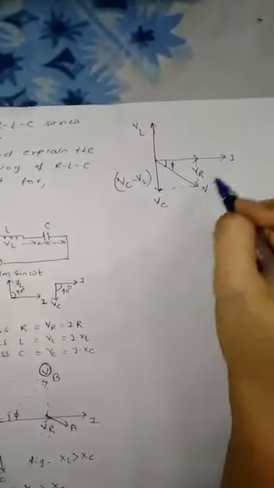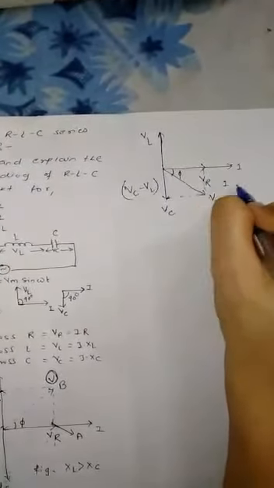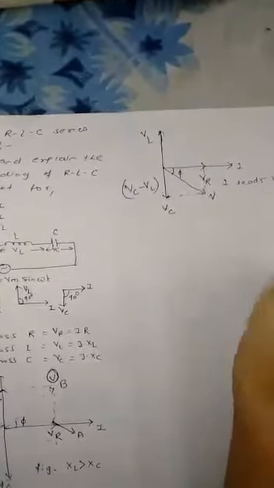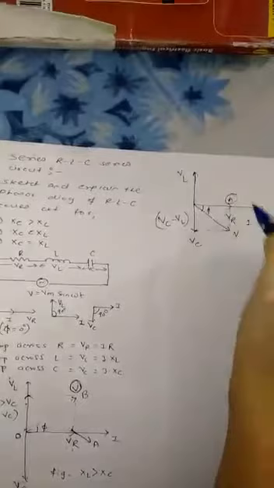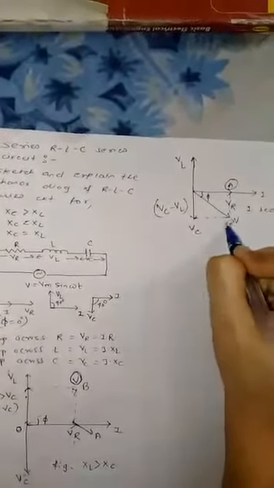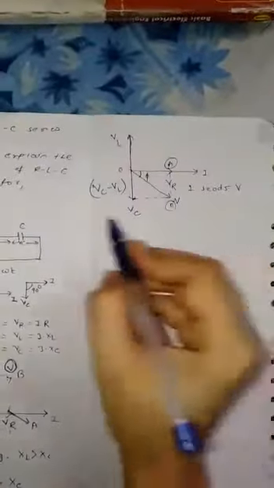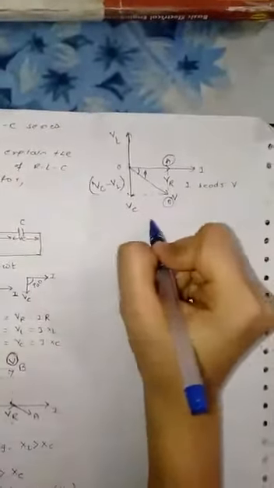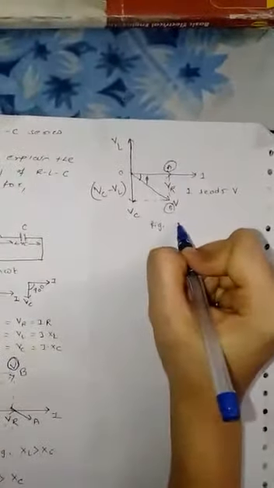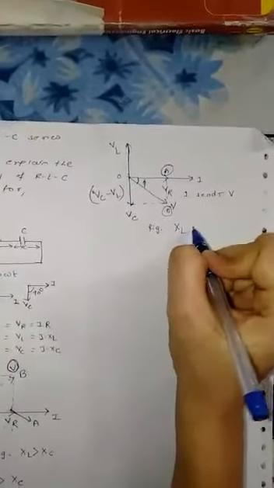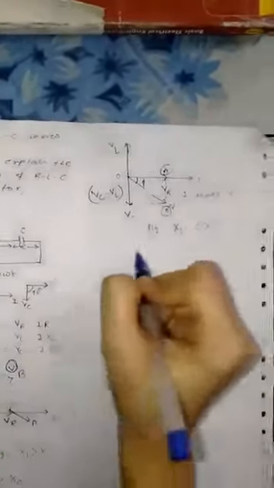Now the current leads the voltage. This is point A, this is point B, and this is point O. The figure name is the phasor diagram of XL is less than XC.